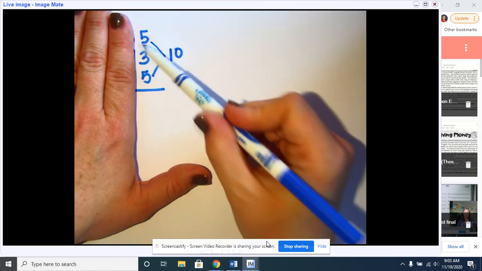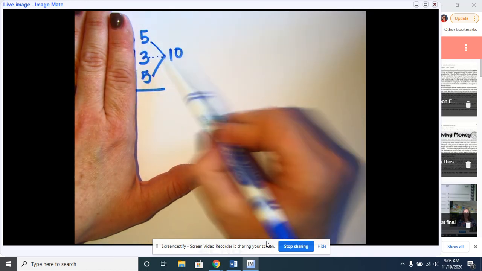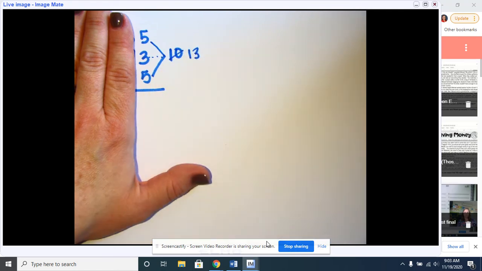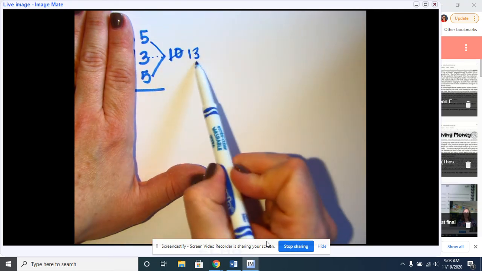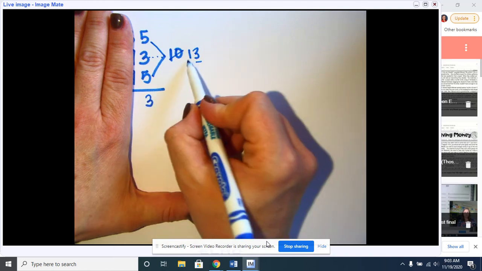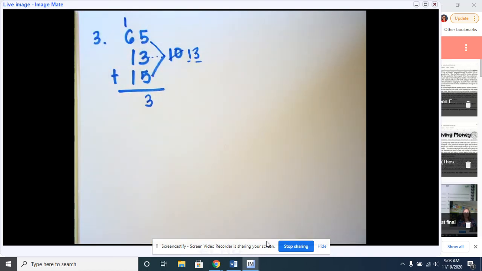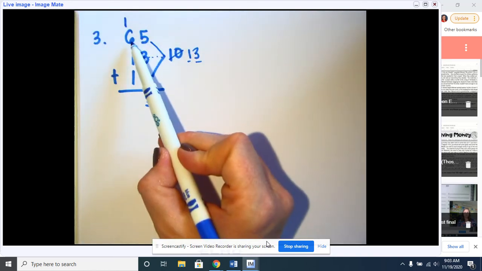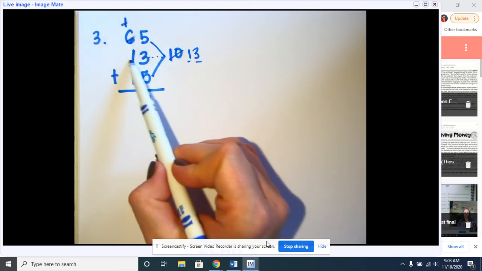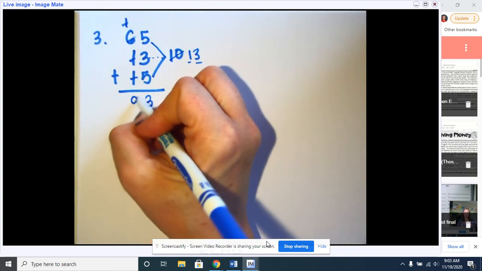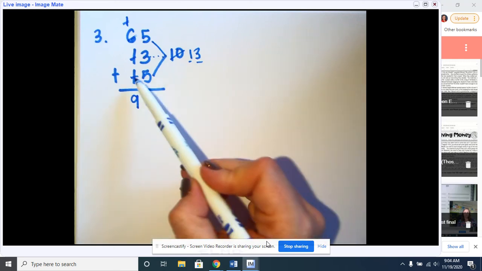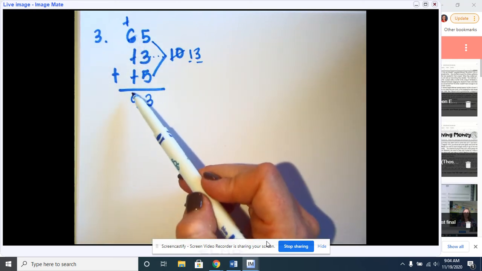So 5 and 5 is 10, plus 3 more is 13. I'm going to put the 3 in the ones place and the 1 in the tens place. Starting with the largest, 6, 7, 8, 9. 93. And notice how I kind of marked them off as I went so that I got them all.